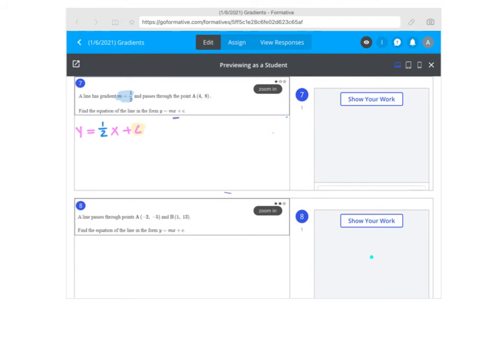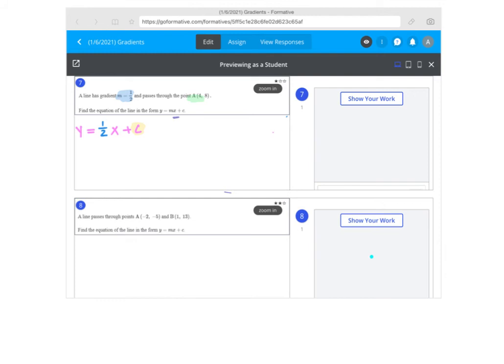And so our point is 4 and 8, right? So we're going to replace our x and y with 4 and 8. So remember that 4 is going to be our x, and 8 is going to be our y. So now we're going to have 8 is equal to 1/2, and then our x is 4.